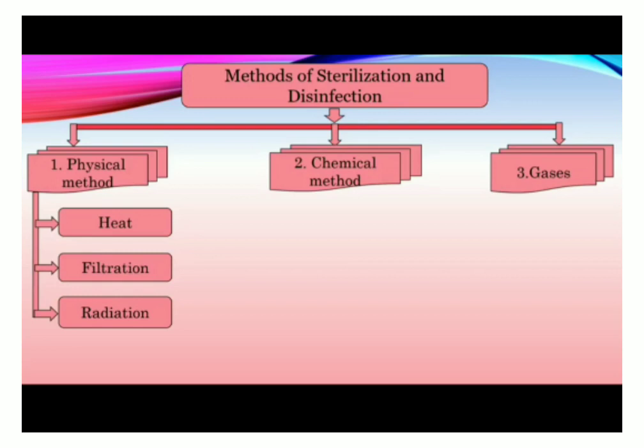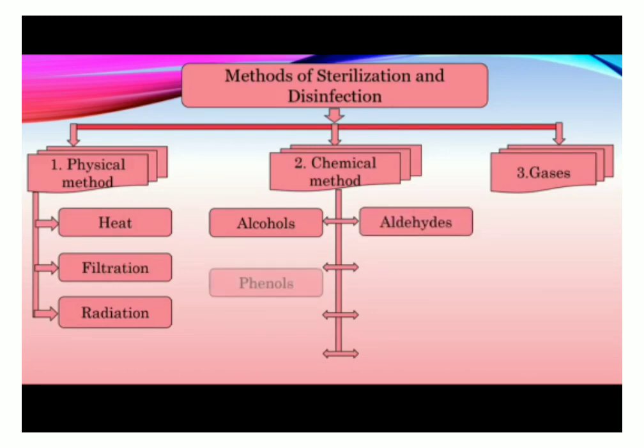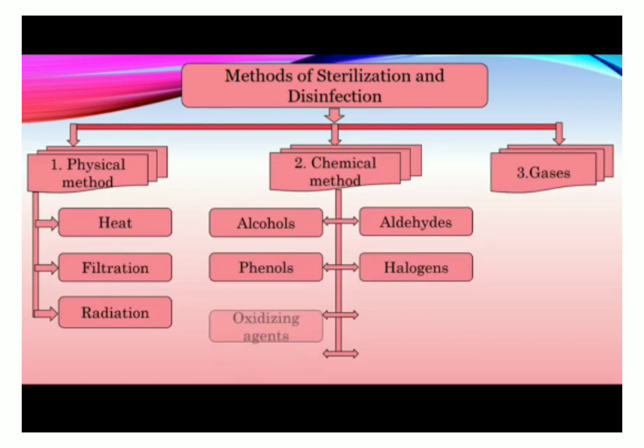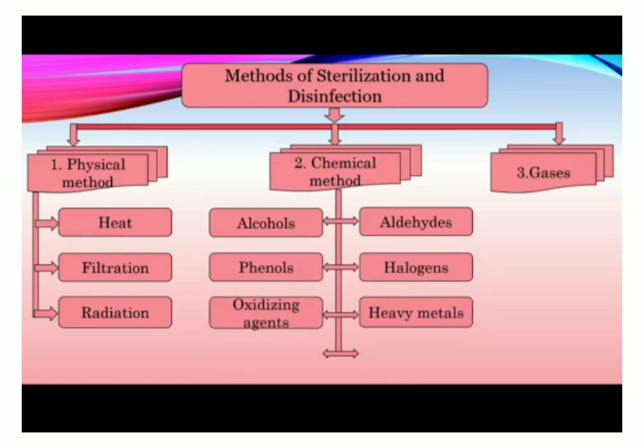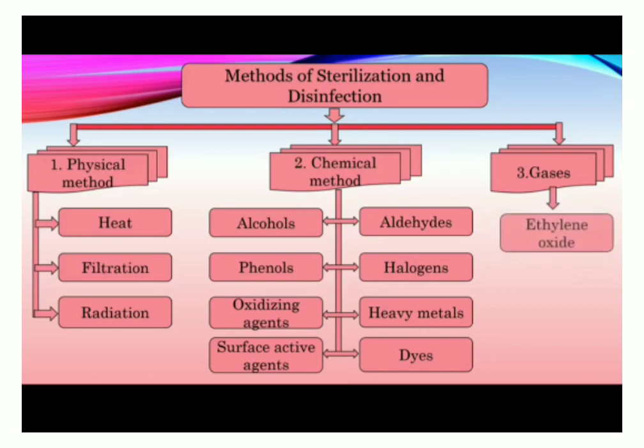And in my upcoming videos I will upload details about the chemical method and gaseous method. In the chemical method there are 8 types of chemical reagents used for sterilization: alcohol, aldehydes, phenols, halogens, oxidizing agents, heavy metals, surface active agents, and dyes. And in case of gases, ethylene oxide gas is used for sterilization.